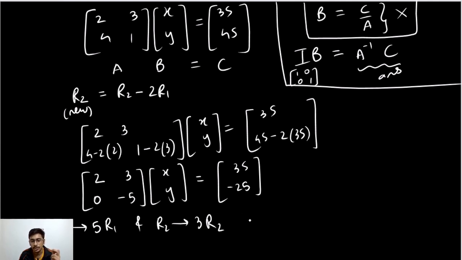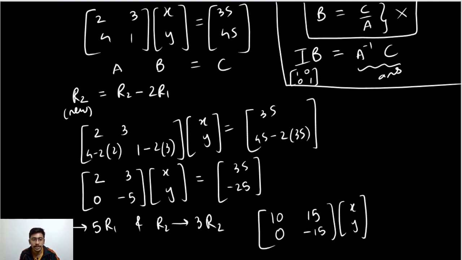That new transformation will give us a matrix in which 2 times 5 is 10, and this becomes 15, correct? And now what do we have here? This is 0, and what we get here is minus 15, XY.